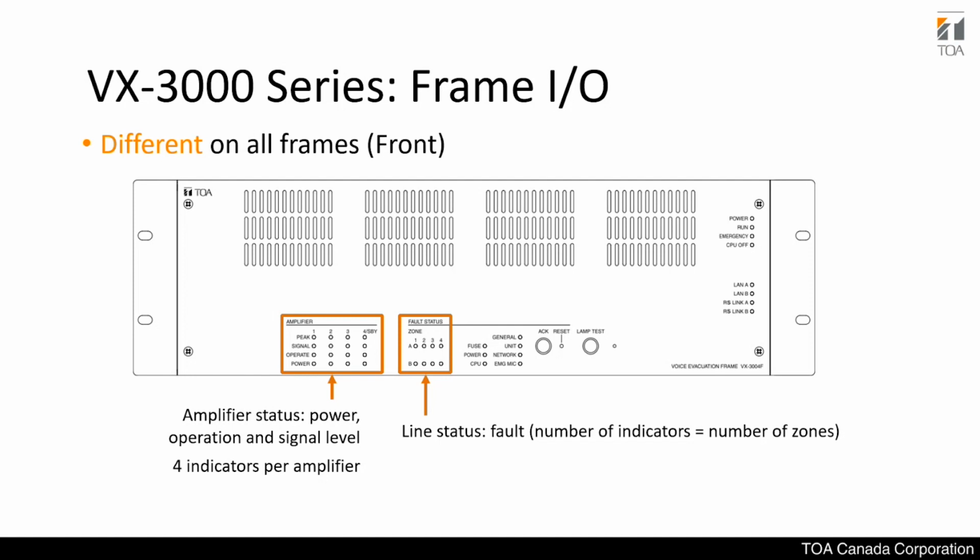Each amplifier also has an LED indicator for peak signal operation, whether each module is operational, and the power and signal status of the modules connected to it. If this is a 4-channel frame, it will indicate 4 modules. If this is the 8-channel frame, it will indicate up to 8, and the same goes for the 16-channel frame.